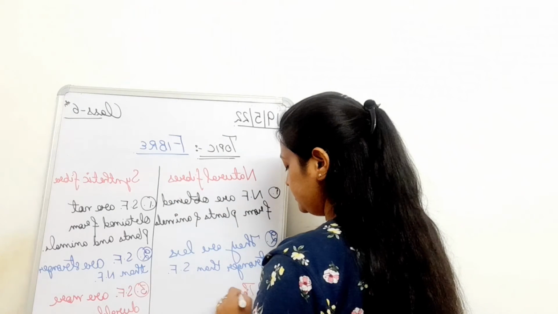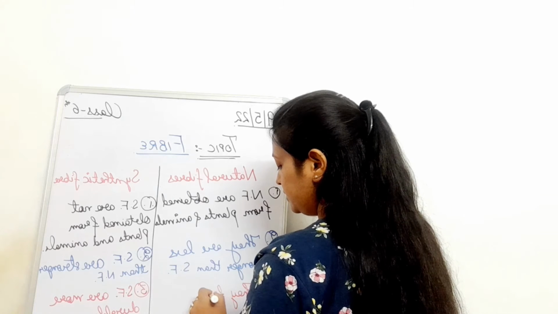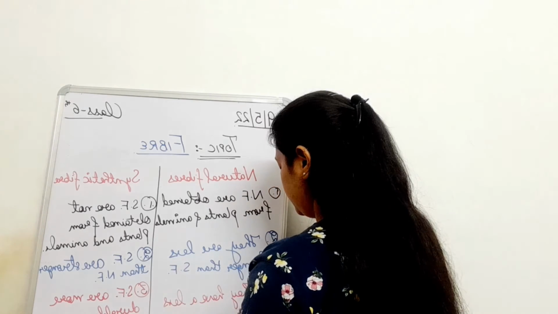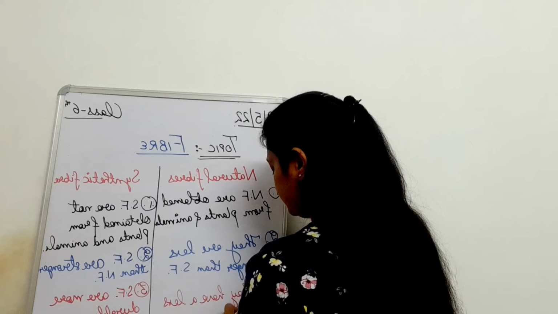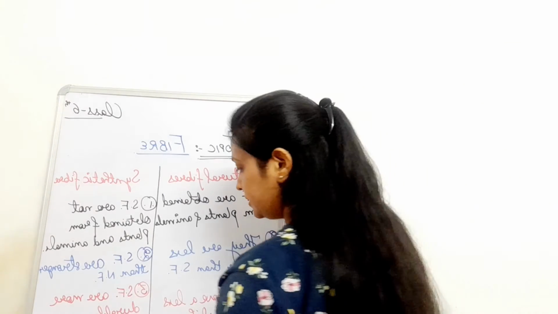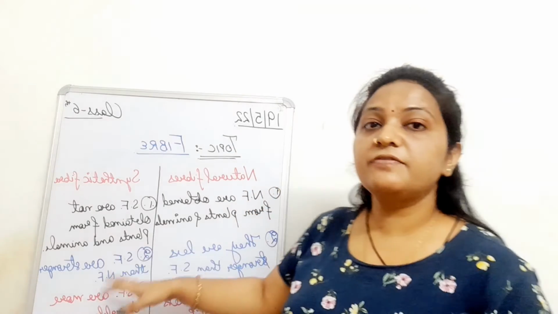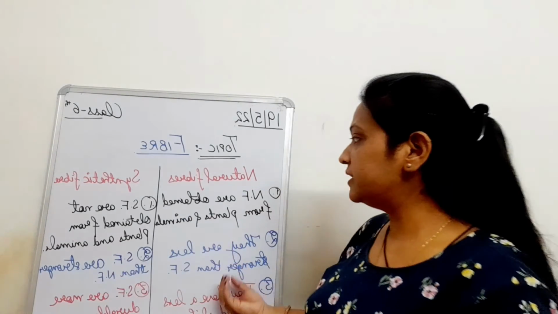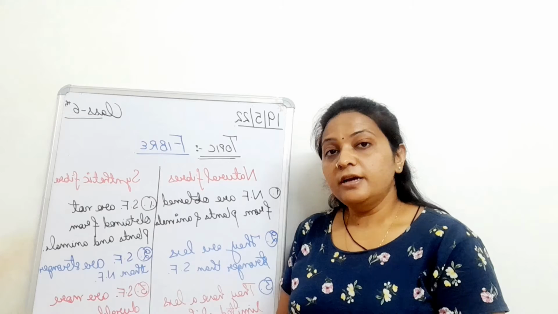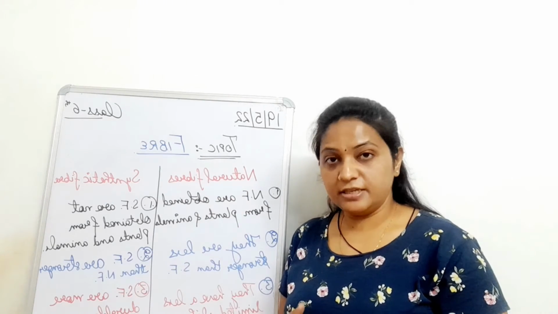Natural fibers have a limited life. Any other answer? Yes, synthetic fibers have more shining than natural ones. Okay, silk is also a natural fiber and it has a shining.